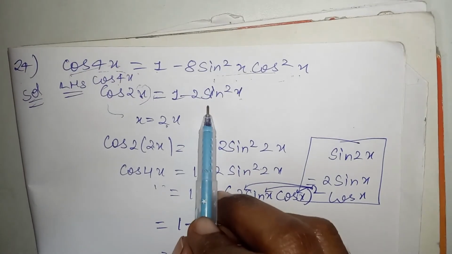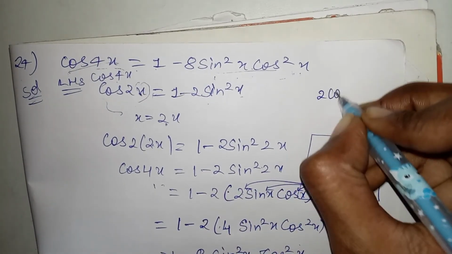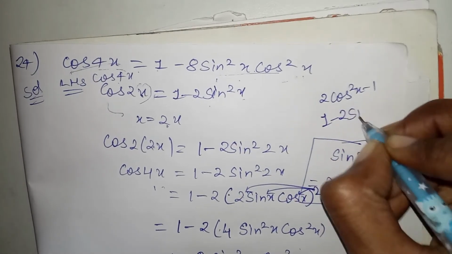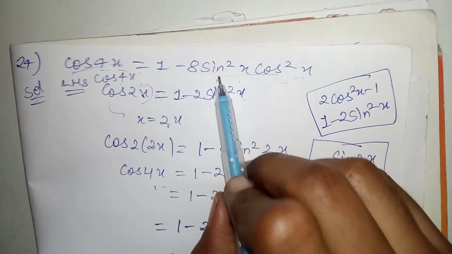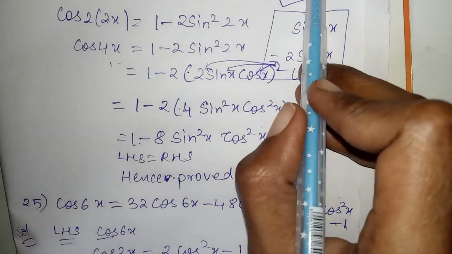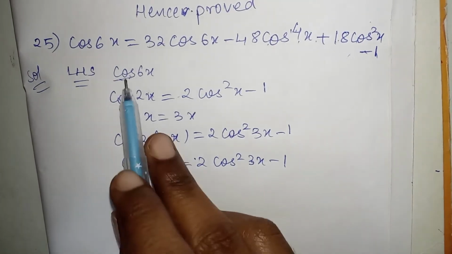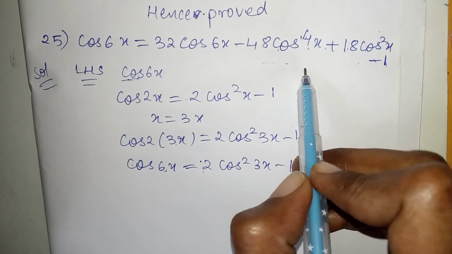Because in cos 2x, two formulas are there: one is 2 cos square x minus 1 and the other is 1 minus 2 sine square x, right? There, sine was there, that's why we took that formula. Here cos is there, that's why we are taking this formula. If I keep 3x in place of x, it will become 6x. That's why I took it. It will become easy for us to prove the right hand side.